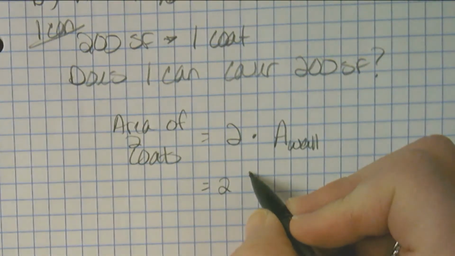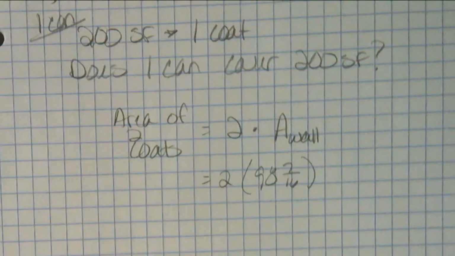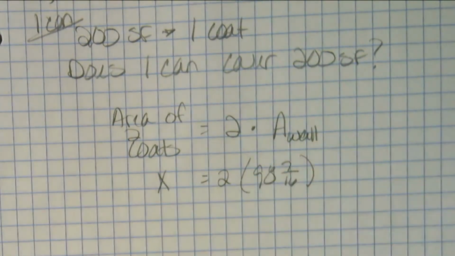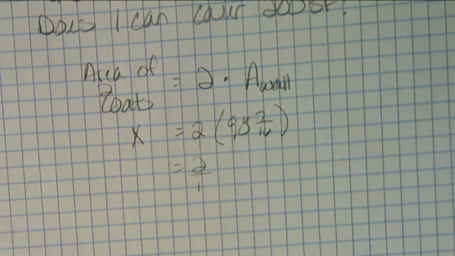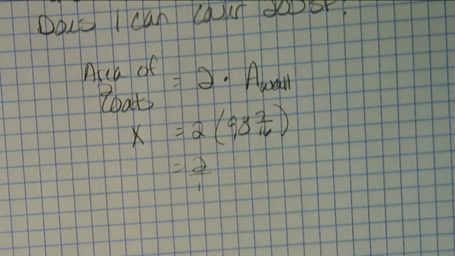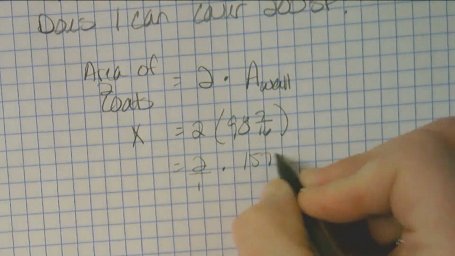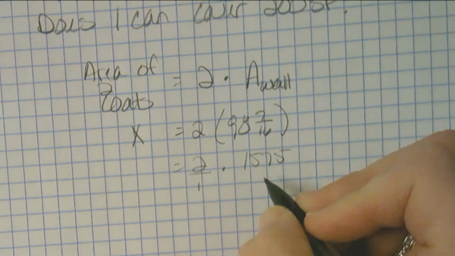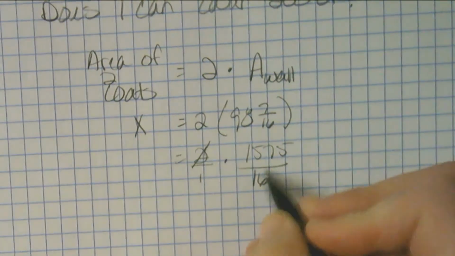I have 2 times 98 and 7/16. That gives me my x. So I'm going to have 2 over 1. All right? I have 98 times 16. No, 98 times 16. And then plus 7. This is going to give me 2 times 1,575 over 16. I'm going to divide out common factors here.